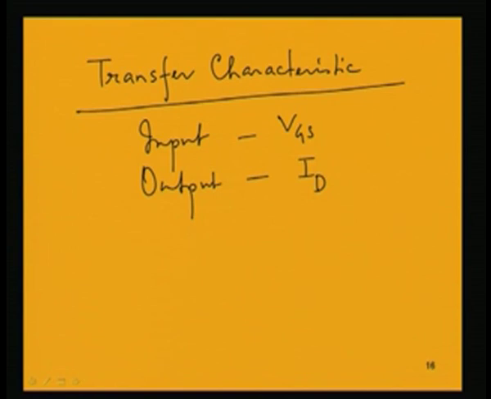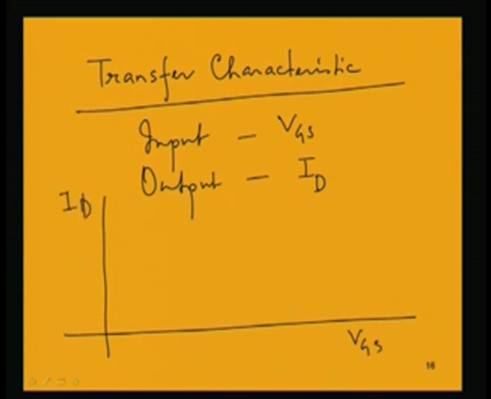So, now the characteristic curve between this VGS and ID gives an important information which is known as transfer characteristics. If you are asked to find out the transfer characteristic for this particular MOSFET device which we are having with us, then we will have to draw the characteristic between VGS and ID.